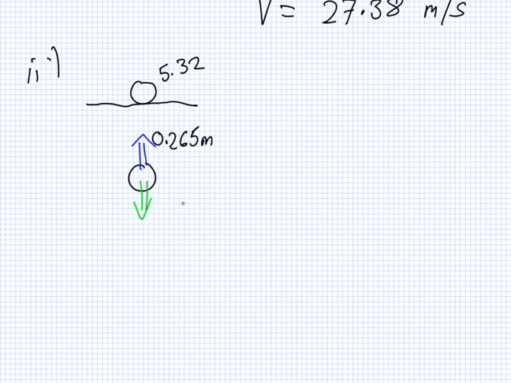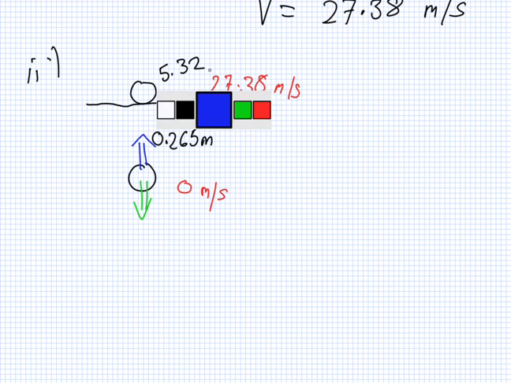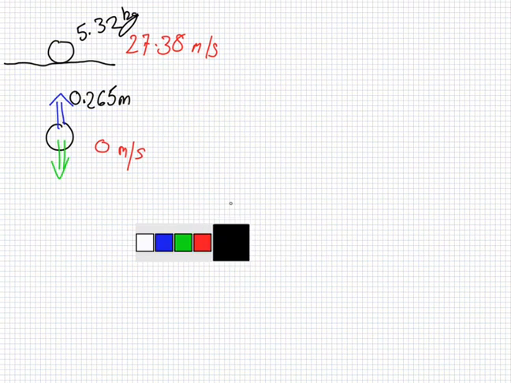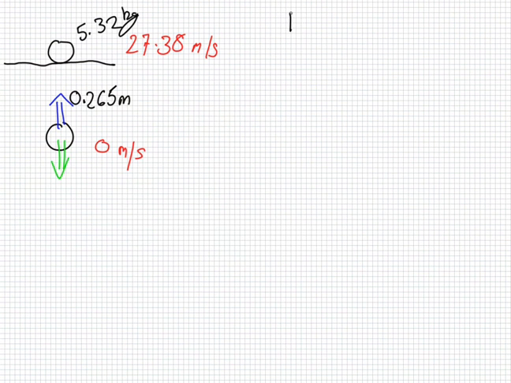By the way, what's its velocity here? 0 meters per second, and the velocity here is 27.38 meters per second, and this is kilograms. So I think I'll go with the force will equal the weight minus the drag.